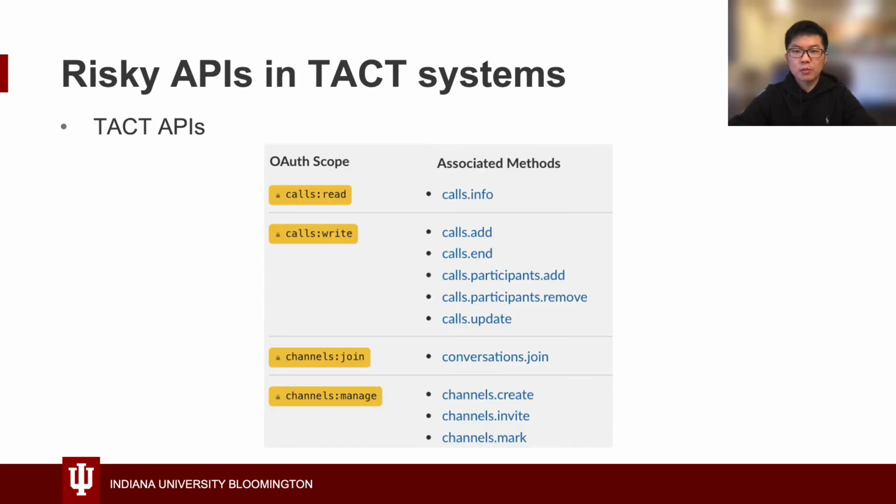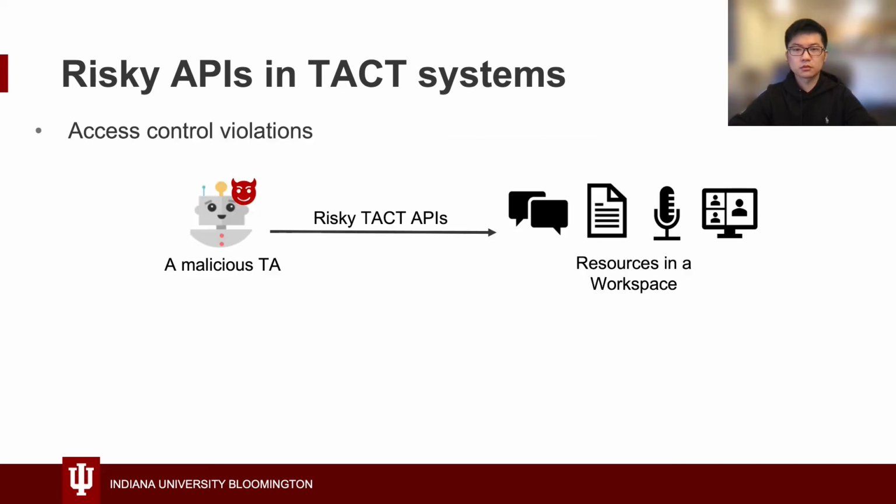As shown above, a team chat app uses the team chat system API to access the workspace resource. Although there is a permission-based access control model protecting team chat apps, we find 3 kinds of risky APIs in the team chat system. The first security risk is access control violation.